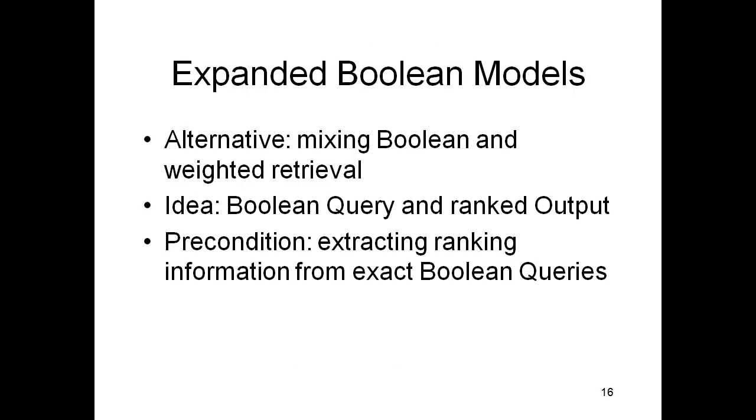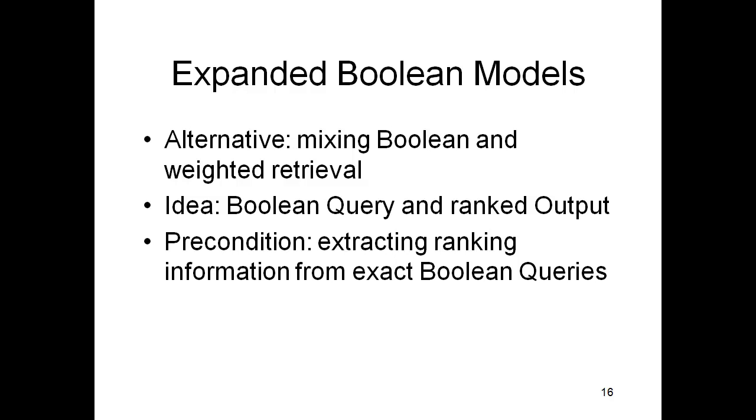Since Boolean models have these disadvantages, especially that they don't have a ranking, that's quite negative. People have come up with the idea of extending Boolean models. So-called extended Boolean models would simply make a set, and then in a second step, rank this set based on typical weighting and ranking systems.